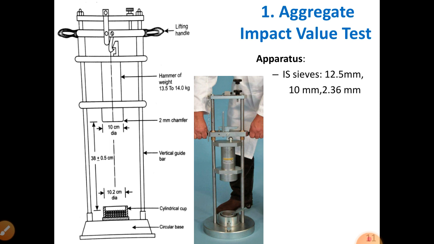The apparatus required for this test are IS sieves 12.5 mm, 10 mm and 2.36 mm. Cylindrical measure 7.5 cm diameter and 5 cm height, which is used to measure the sample.